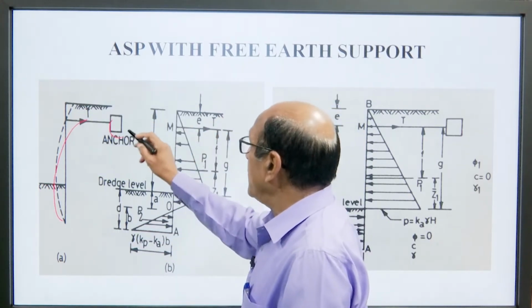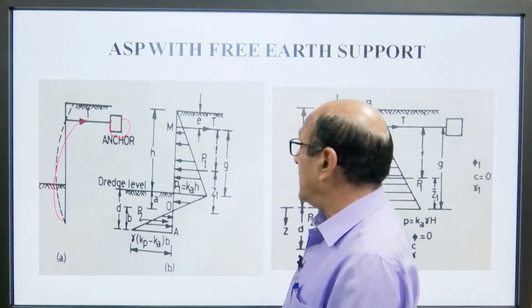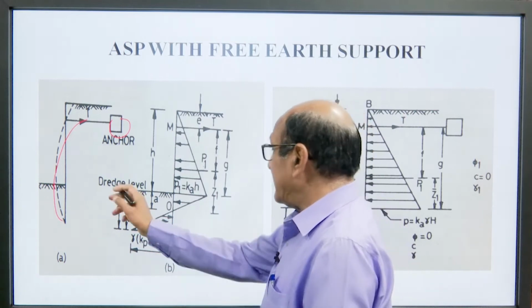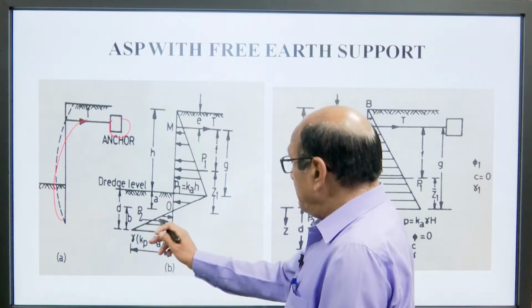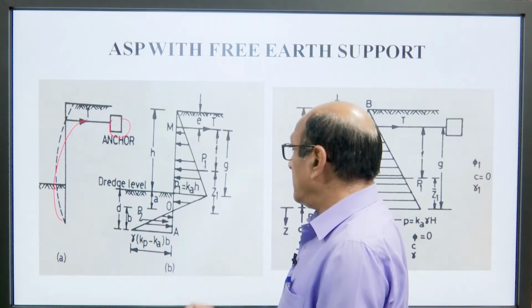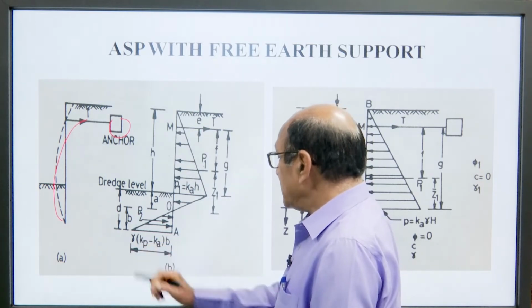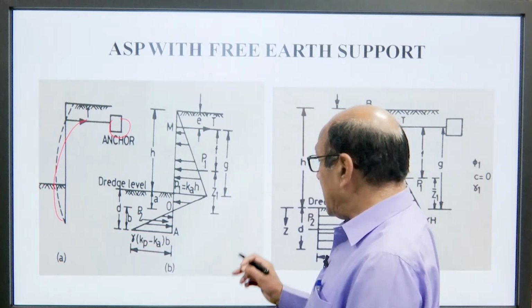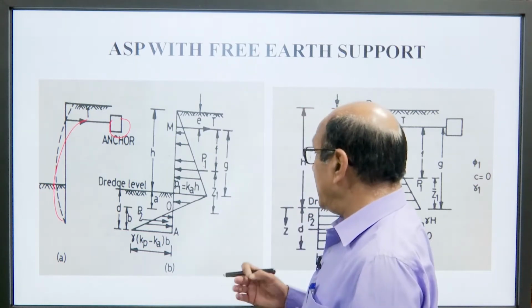This is the anchor point which will anchor the sheet, this is a fixed point. This is the dredge level, the depth is d, P2 is acting below the dredge line, and the bottom is gamma (Kp minus Ka) into B. B is the width of the dredge.